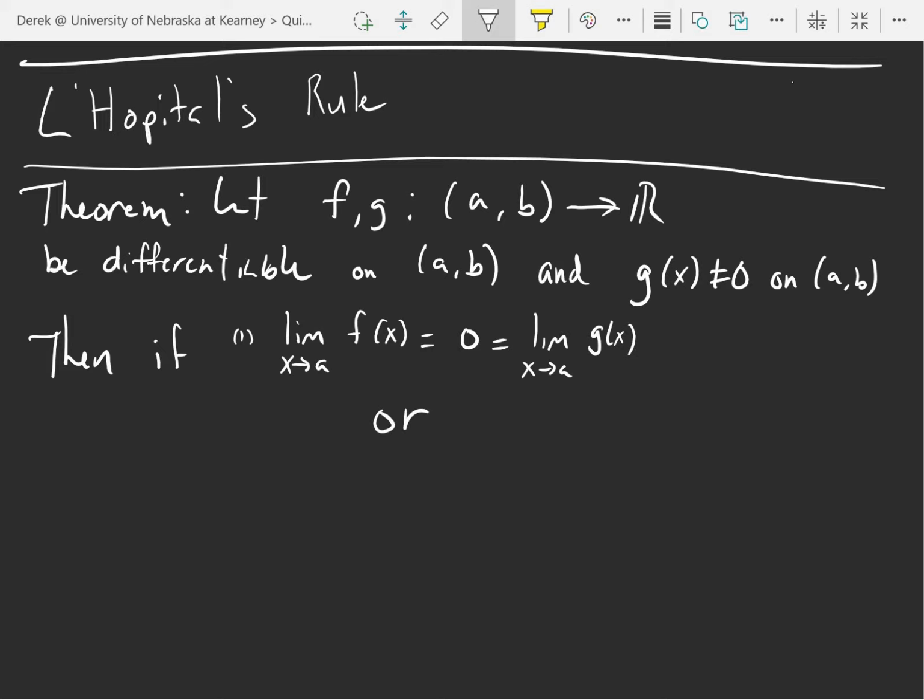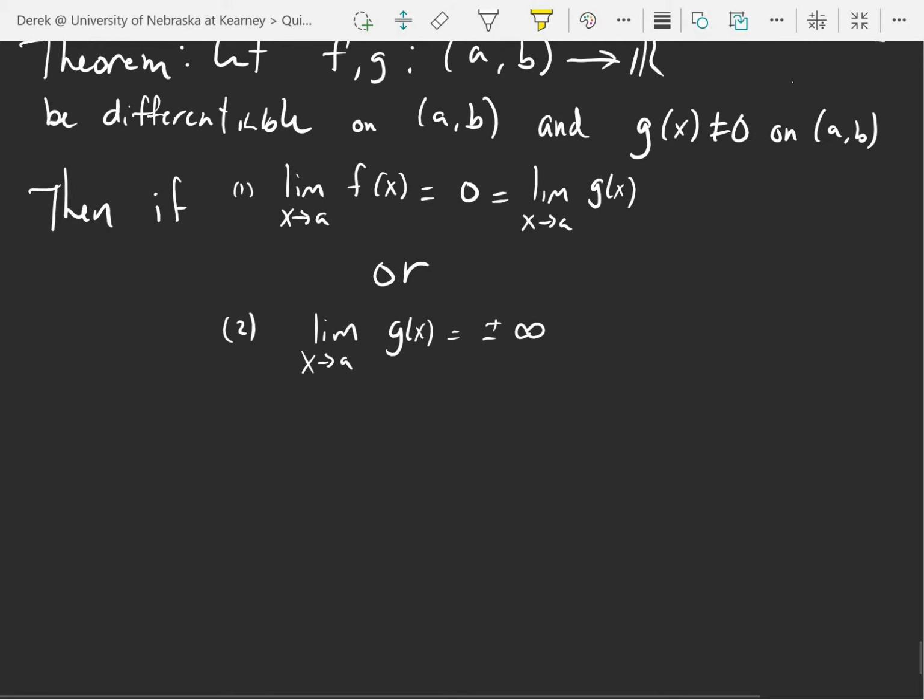Or the second thing that could happen is that the limit as x goes to a of g of x equals plus or minus infinity.